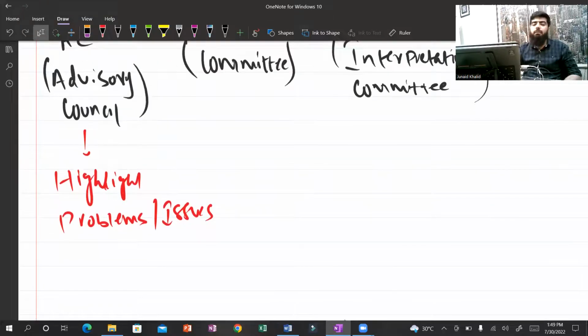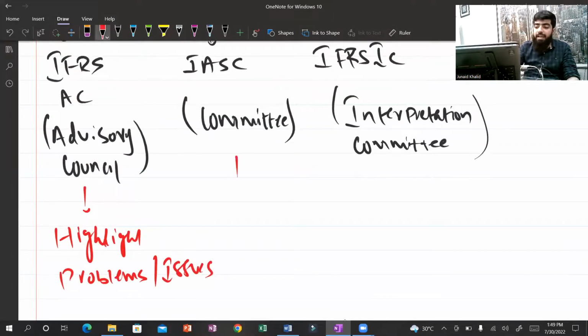It was discussed in a meeting, and there was a standard setting process, which we'll discuss inshallah. That problem was raised, it was discussed, and they finalized the solution. They made some rules, and those rules were made by the committee. So the International Accounting Standard Committee is there to establish the accounting standards.